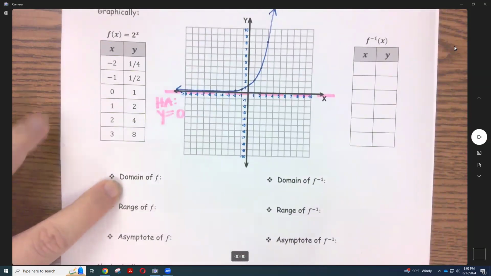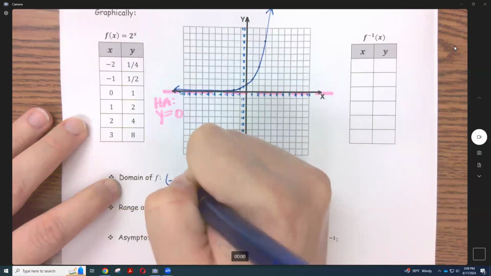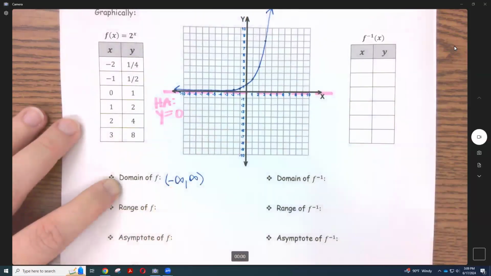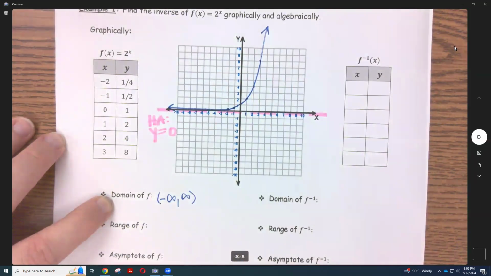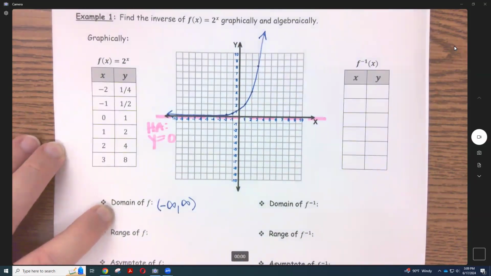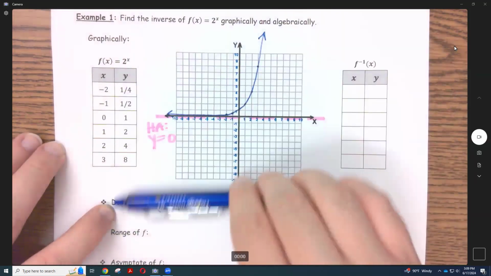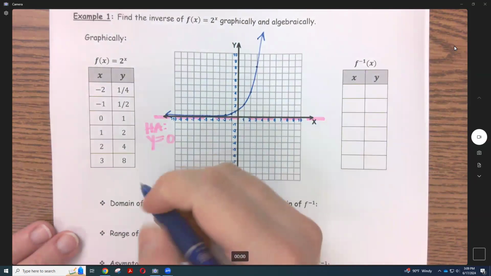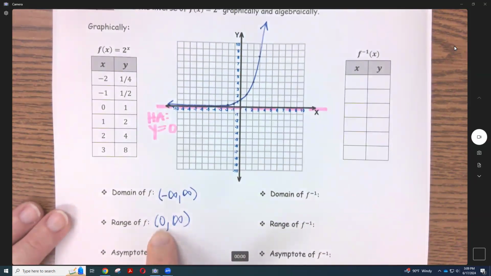So the domain is negative infinity to infinity, goes from arrow to arrow. All exponentials have a domain of all real numbers. The range, as we go from the bottom to the top, the first thing we encounter is that asymptote at 0, so it's not included.